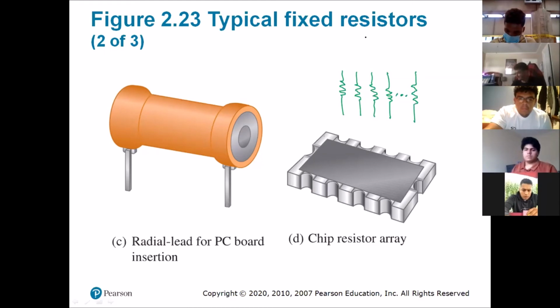And all of those are inside one package. So you've got a lead for one, the other end, a lead for the second resistor and its other end, a lead for the third resistor and its other end.